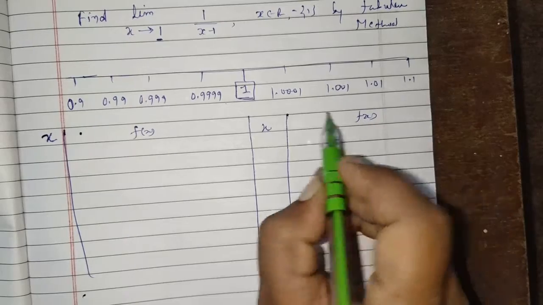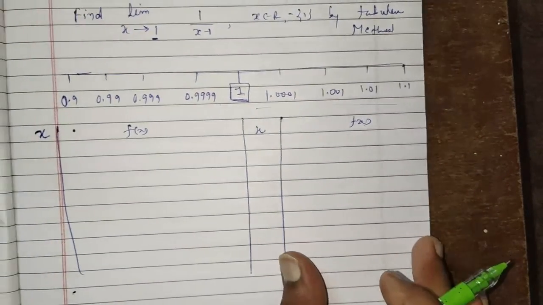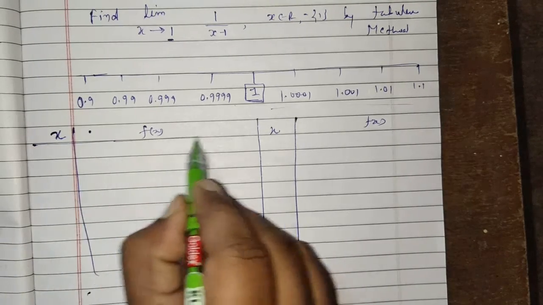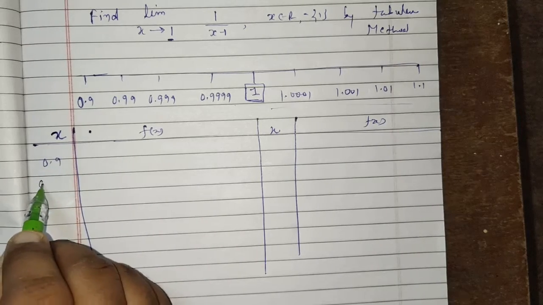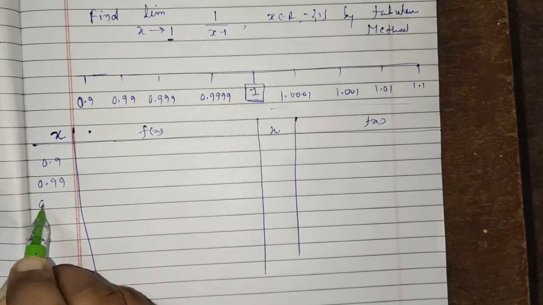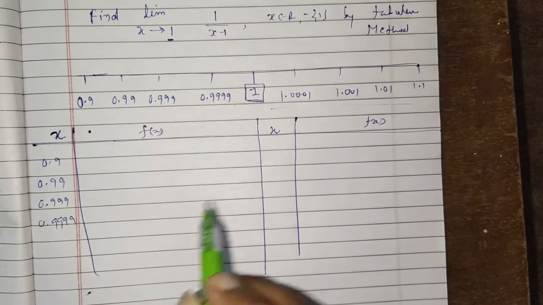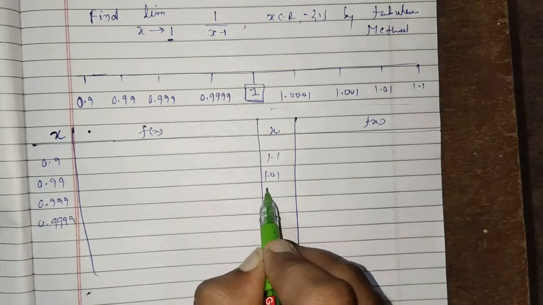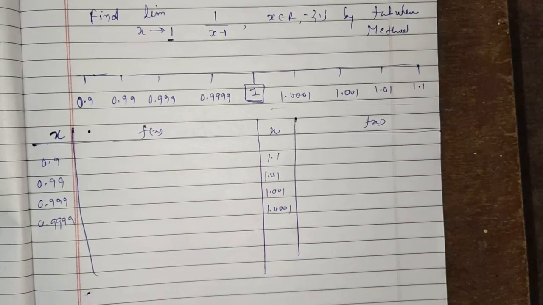On the right-hand side we find the values, and on the left-hand side we find the values. So the values on the left-hand side are 0.9, 0.99, 0.999, 0.9999, and on the right-hand side 1.1, 1.01, 1.001, the same way.